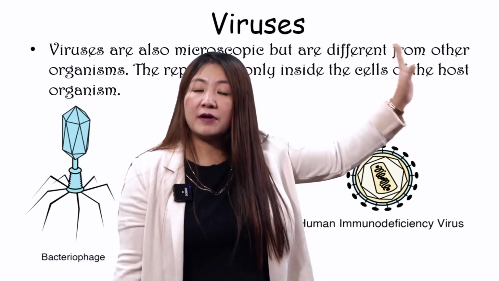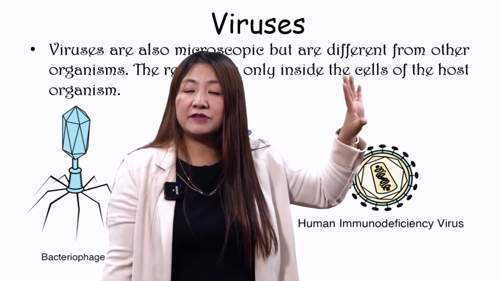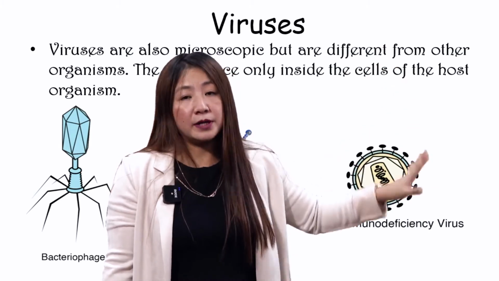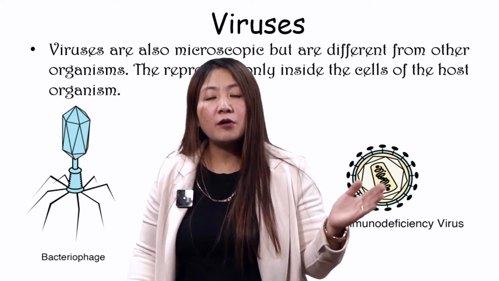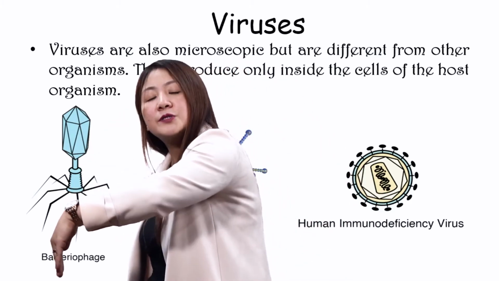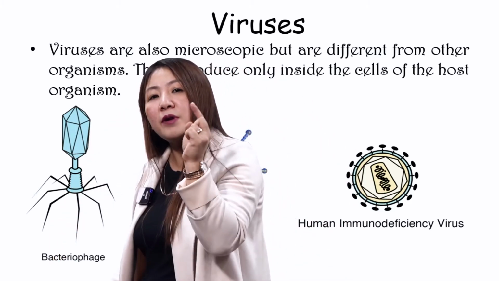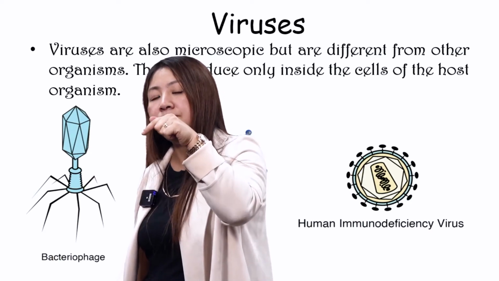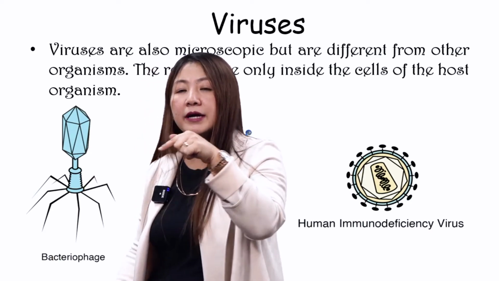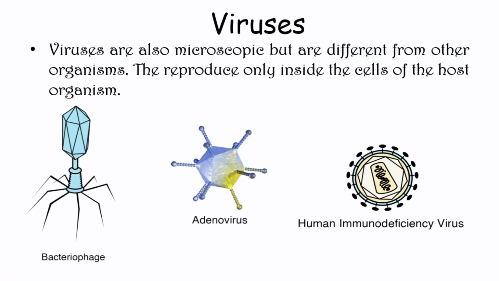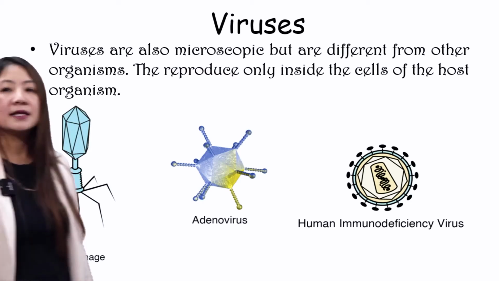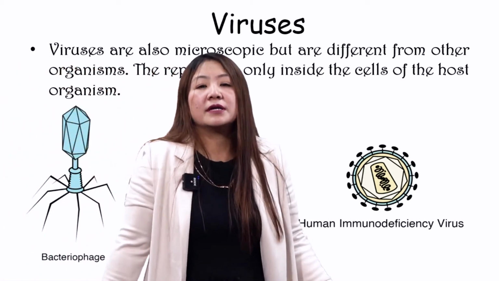They are different because they act like living only when they are inside the host body, inside an animal or a human being, or in the cells of host organisms. Viruses are also microscopic, but they reproduce only inside the cells of the host organism.